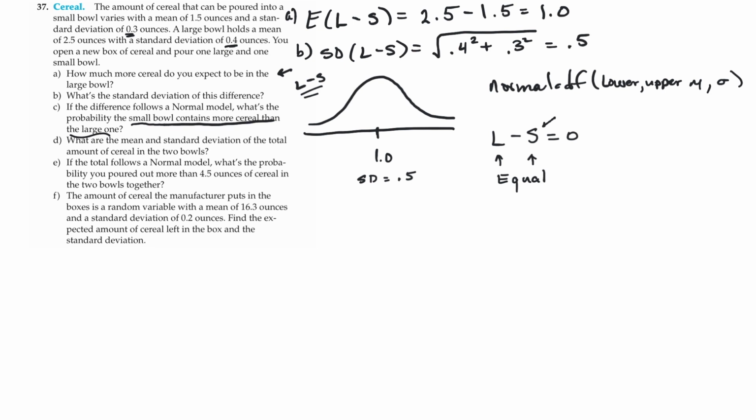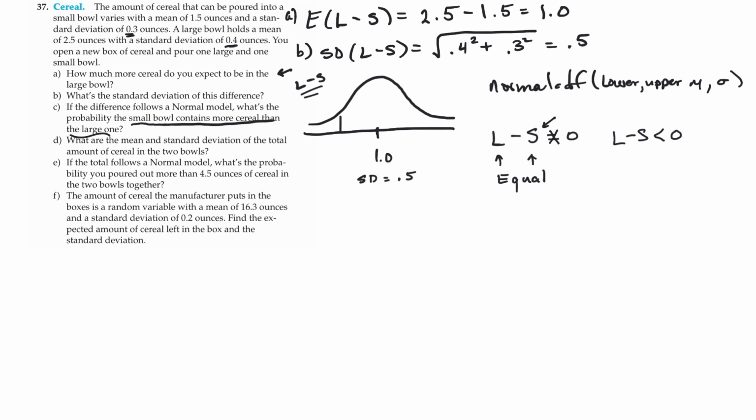If S is a larger number, that would make the difference negative, right? When you have a larger number being subtracted, that makes the difference become less than 0. So that's what I want to find out on my normal model.